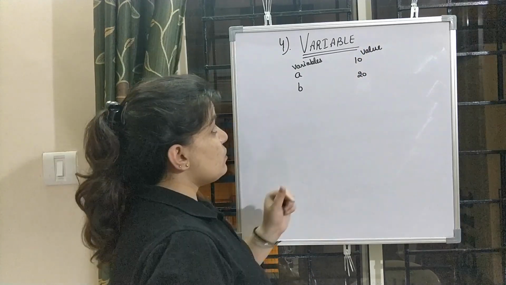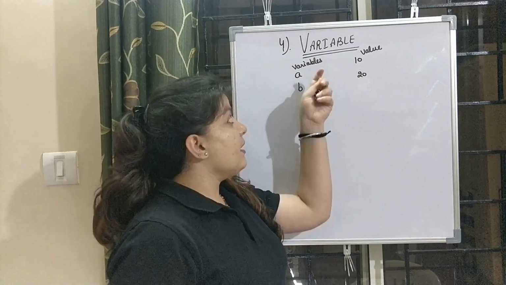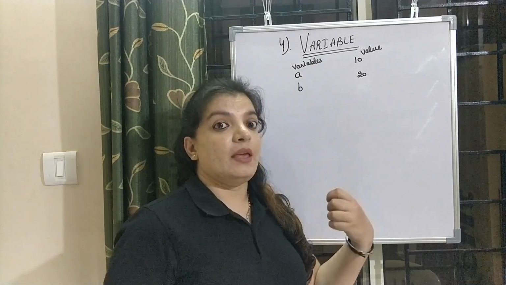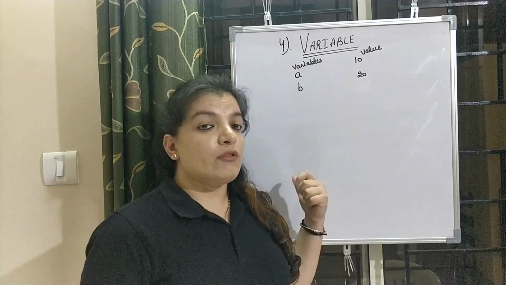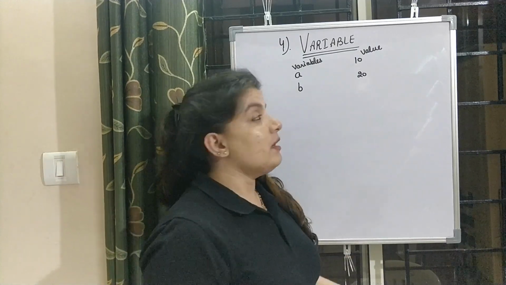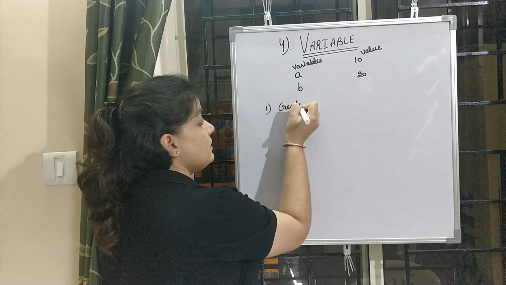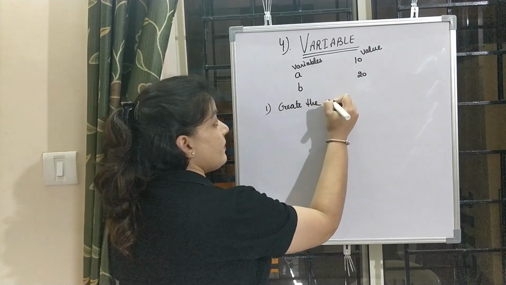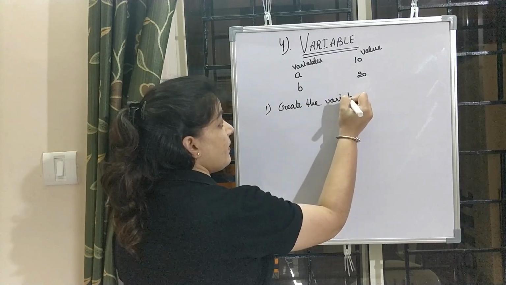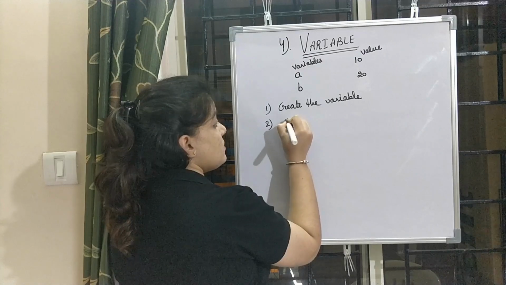Now we have to store this 10 and 20 in variables A and B, and we want to use this A and B in our program. So how will we do this? For this we need to follow three steps. What are the three steps? First one, create the variable. Second, store the values.